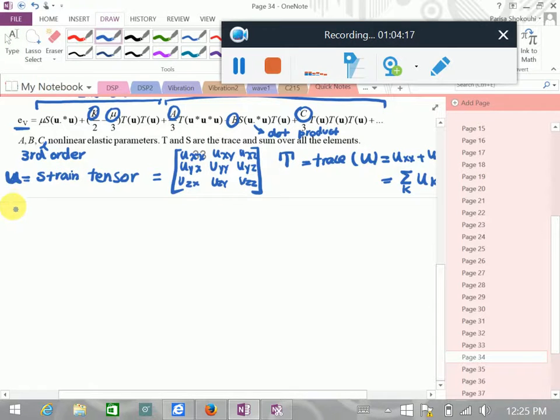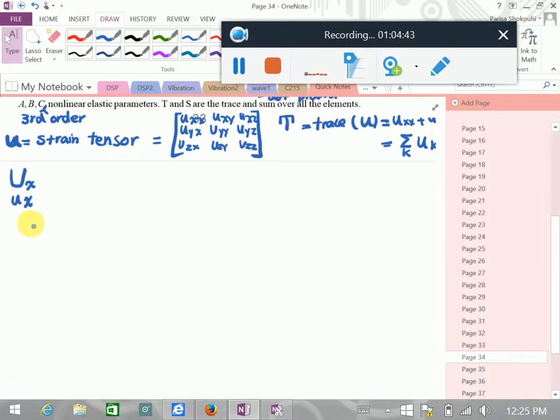How does your strain tensor look like? So we have U sub x. You can use U1 if you want. This is the compressive force that you're applying with your loading machine, a static, quasi-static force. And then we have a strain Ux. How does your strain tensor look like?